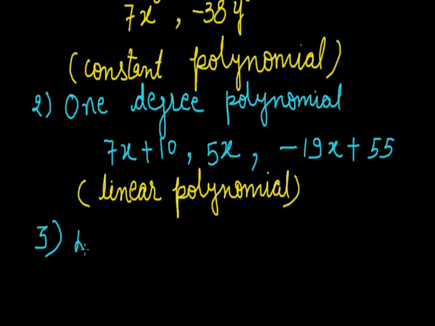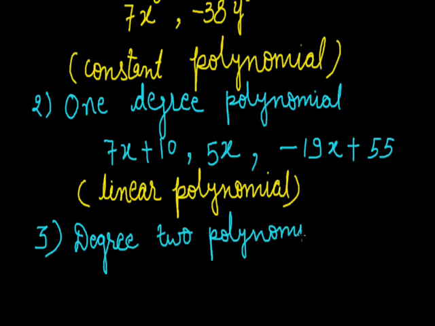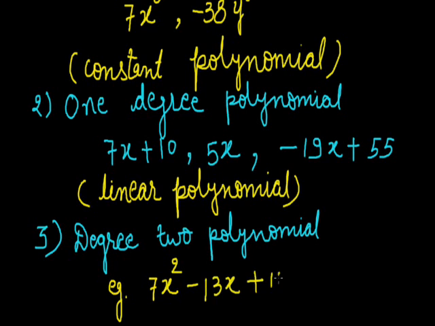Now the third category is degree 2 polynomial. As the category suggests, these polynomials must contain a quadratic expression, that is x raised to 2. They may contain the linear or constant term or may not contain them. For example, 7x square minus 13x plus 10.